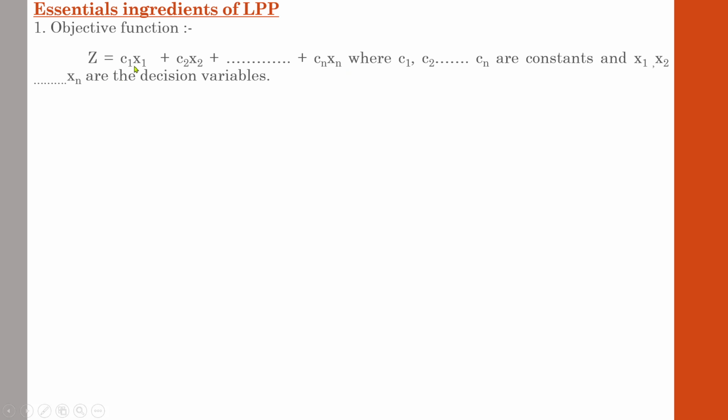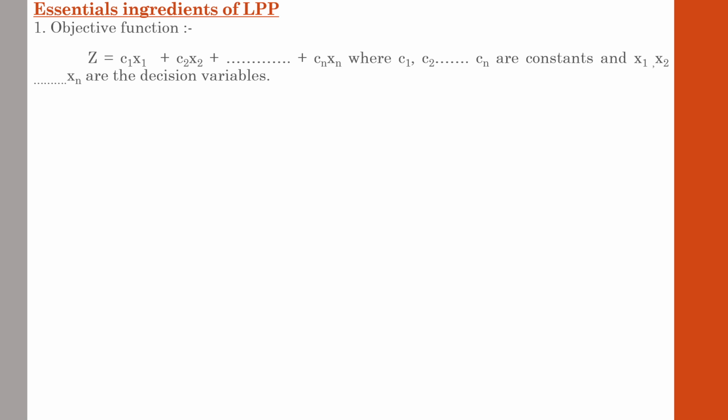So it begins with C1 x1 and C2 x2. x1 and x2 usually will be related to products with regard to decision making, and C1 and C2 are constants. Constants means they will be numbers or numericals. You will get a clear idea while dealing with an application case.